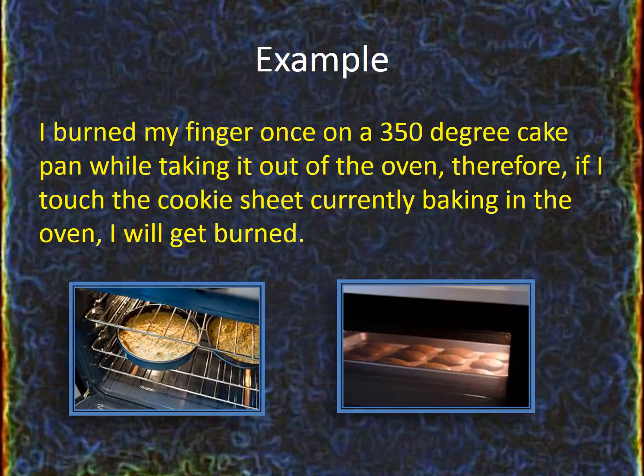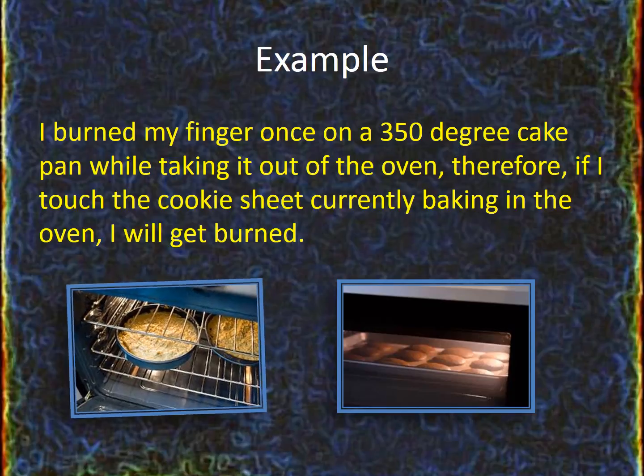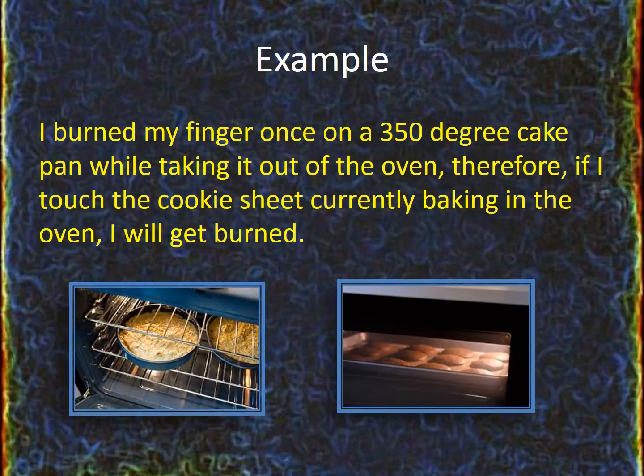I'm drawing an analogy between the cake pan and the cookie sheet, based on the fact that they're both made out of metal, they're both very hot, and properties that they have in common. In this case, the analogy is a pretty good one. It's pretty strong.